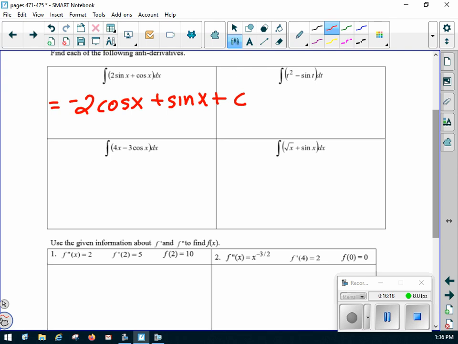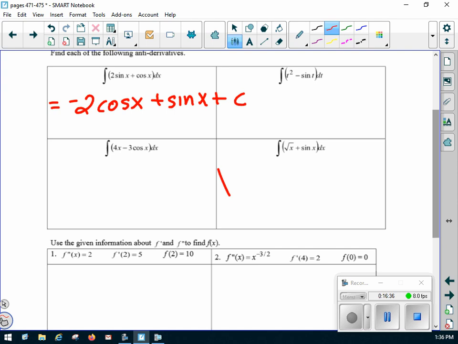Because this is a single polynomial. And besides, if I put one with each of them, a constant plus a constant is just another constant. So that one constant takes care of it. Doesn't matter.